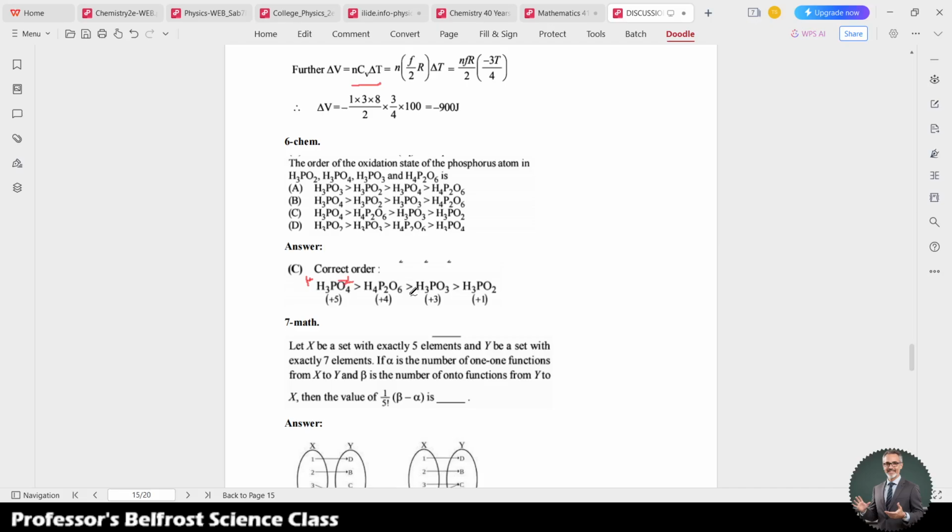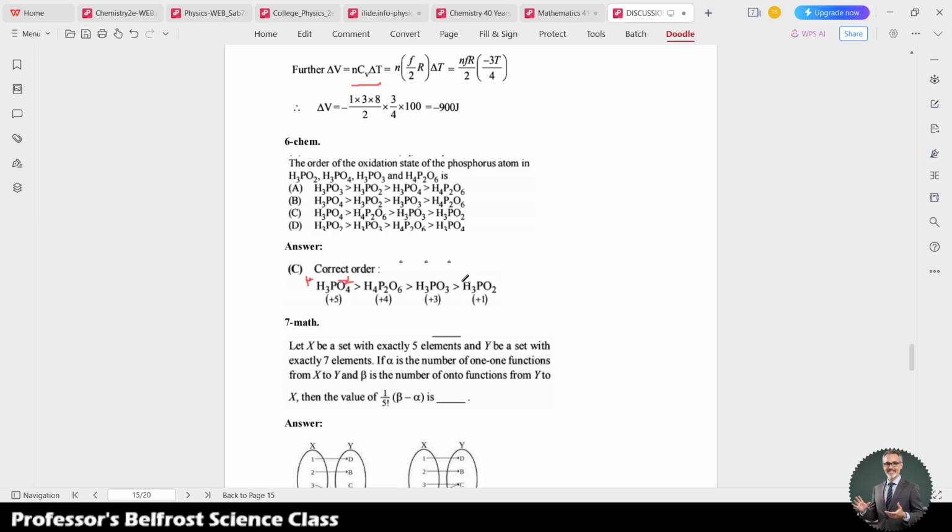It means that minus 4 plus 6 times 2, sorry, 6 times 2 is 12, so 8, 8 by 2, this is plus 4. And this is PO3, 3 minus.